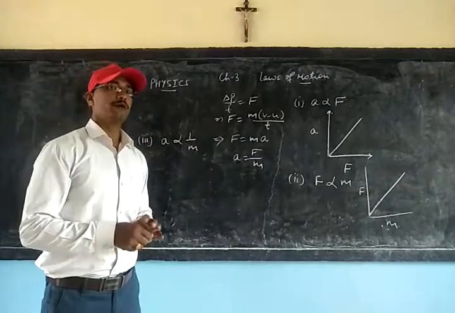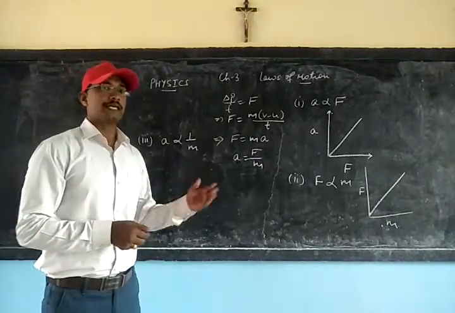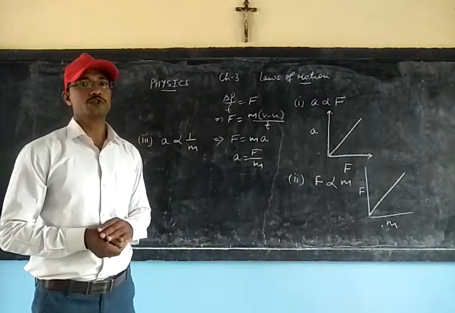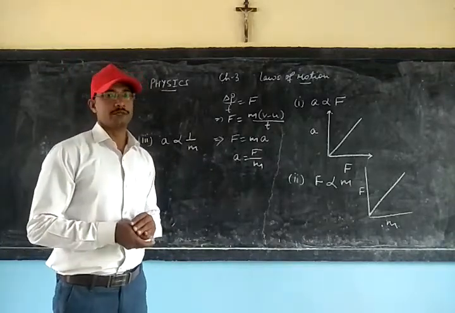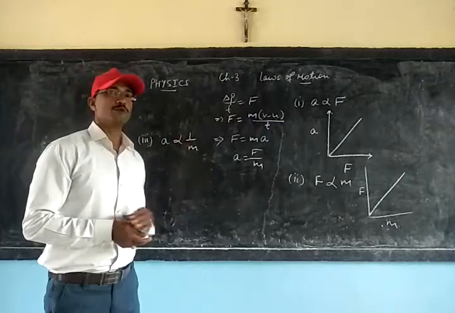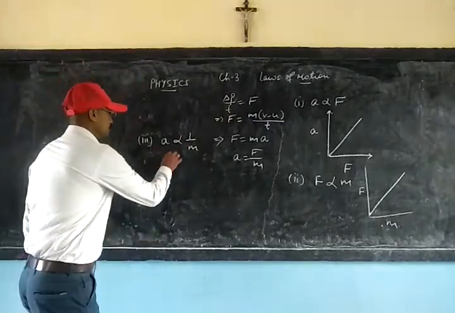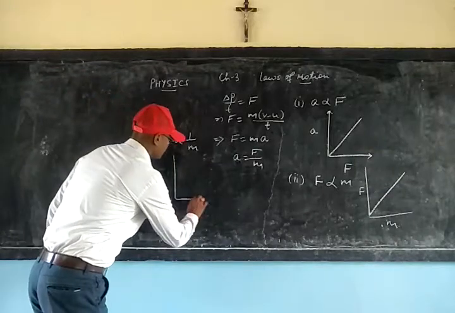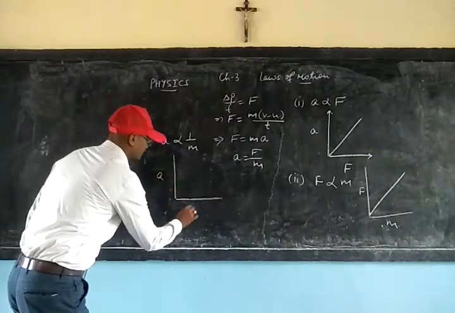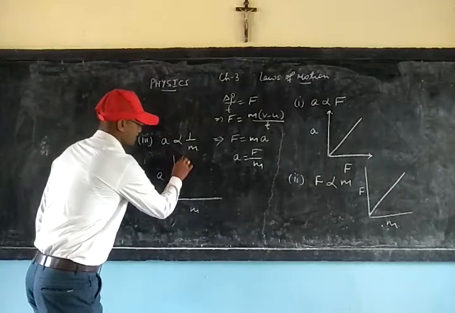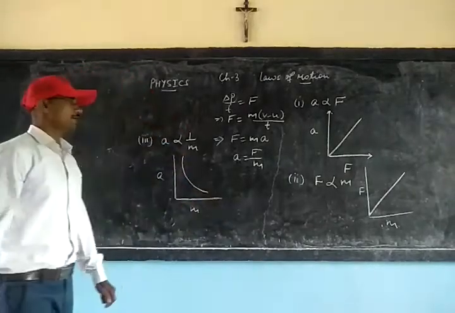So the heavier the body is, the less acceleration it can produce on applying force on it. So it is inversely proportional to the mass of a body. For this, the graph will be a curved graph.